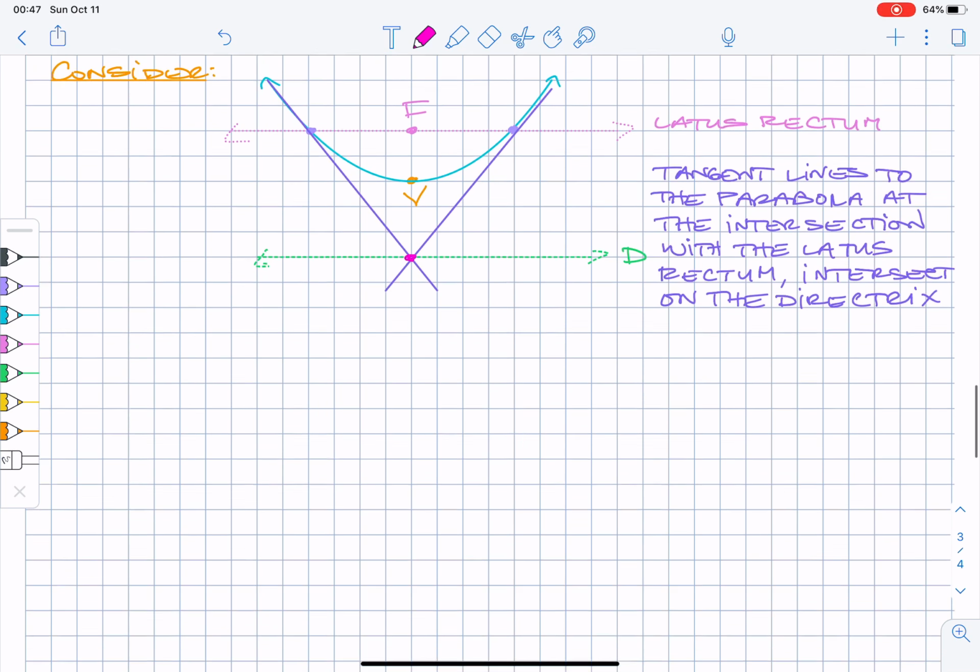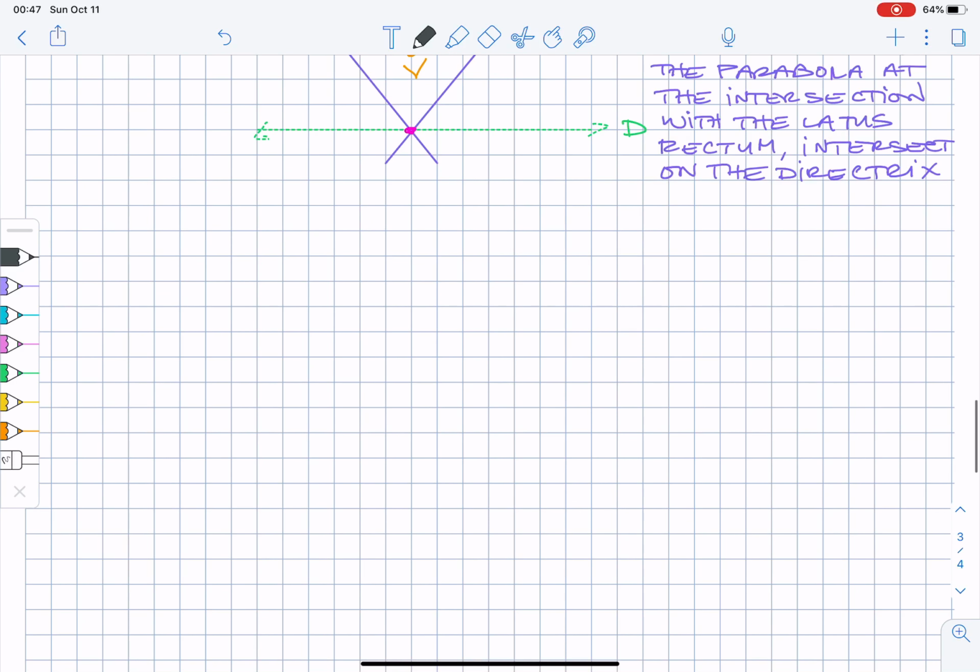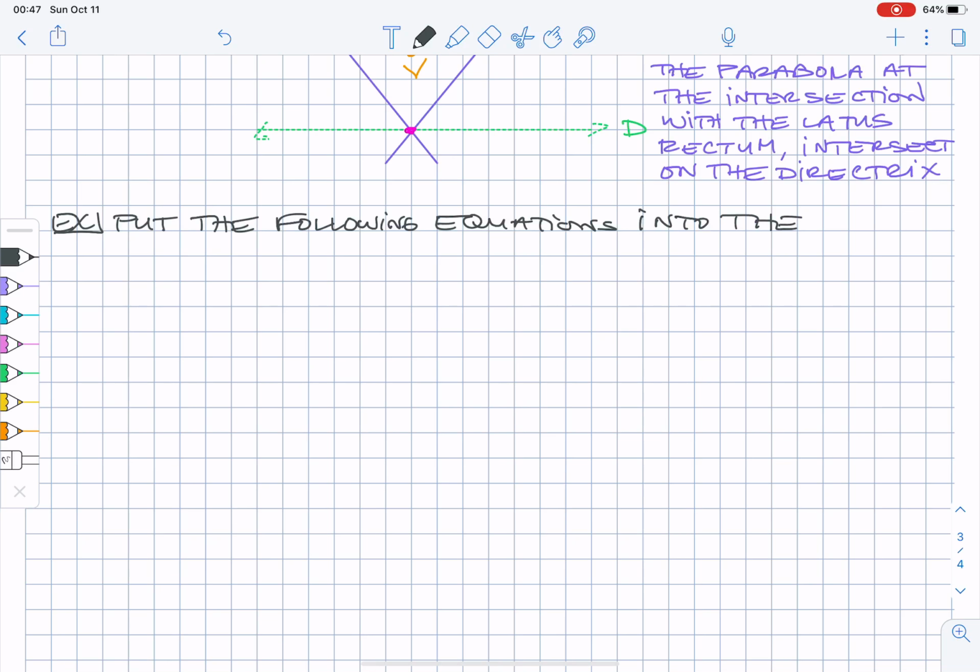Okay, so let's do a couple more examples in this section. So for example, let's put the following equations into the form involving p, and then plot using the latus rectum.